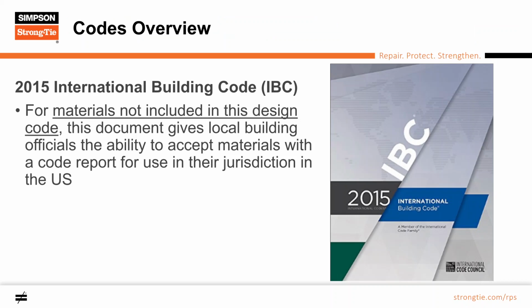So FRP and FRCM would be two materials not included in that code. The document basically allows building officials, people that work for the government that help to review and approve different projects, to accept materials as long as they have a code report, and those materials can be used in the area they're responsible for in the United States.